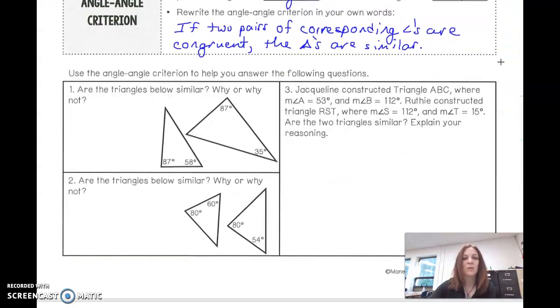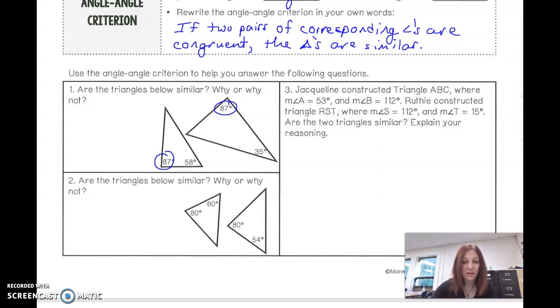Are these triangles below similar? When you just glance at them, you don't think so, because I have an 87 here and I have an 87 here, but I have a 58 and 35. Here's the hint. If we know 2, can we find the third one?